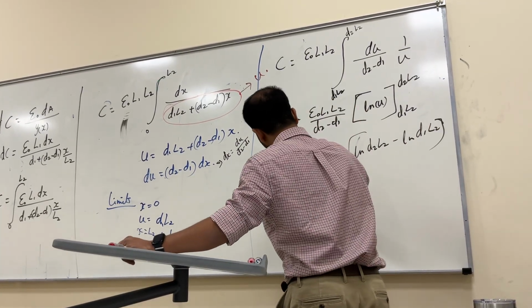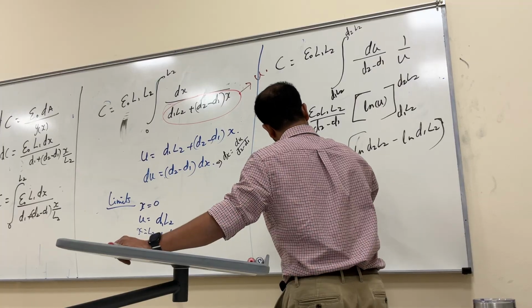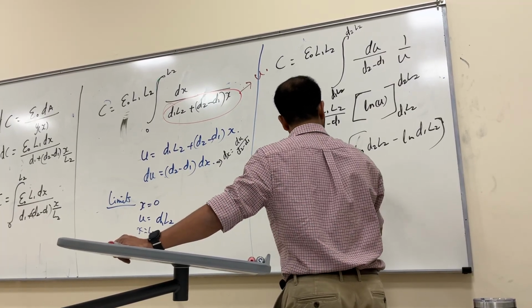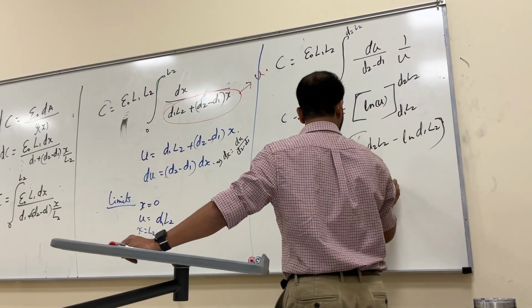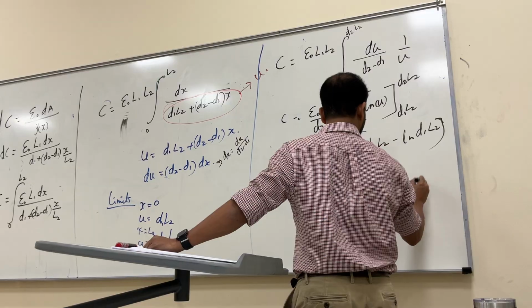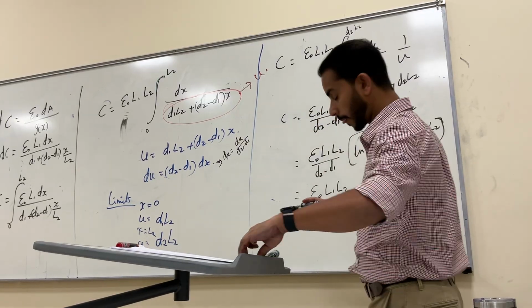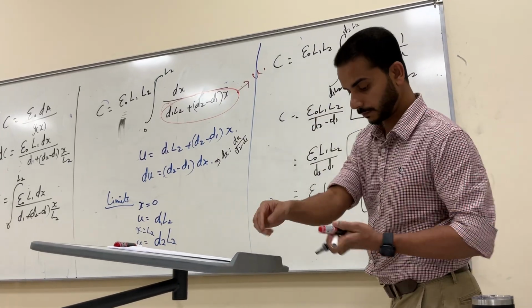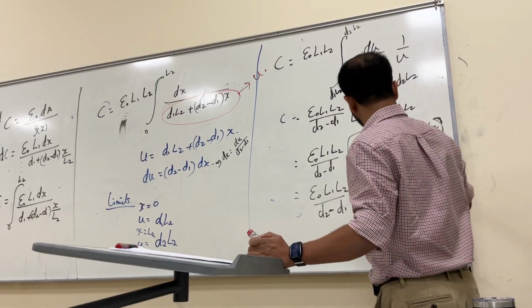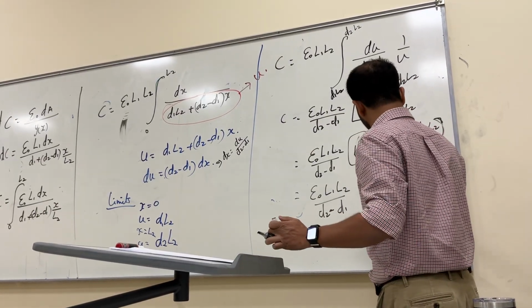So this I can write as epsilon 0 L1 L2 over d2 minus d1 times ln of d2 L2 over d1 L2, right? So this can be cancelled out, right?